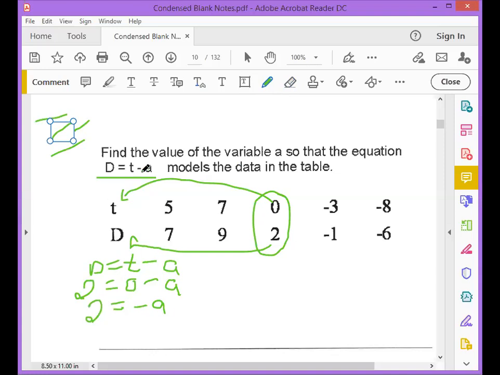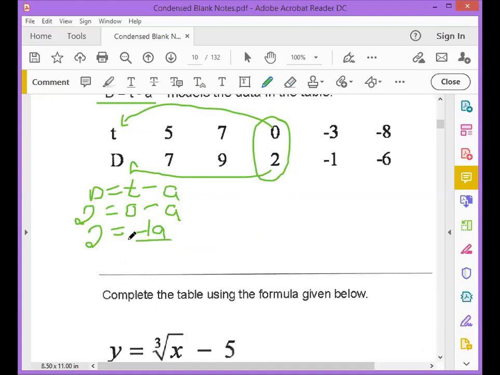Now we aren't looking for the variable negative a, we're looking for the variable a. We need a to be positive. You want to look at this negative a as a negative 1a. So to make it positive, we want to divide both sides of this equation by negative 1. Cancel out your negatives, and we'll get a equals 2 divided by negative 1, or negative 2.